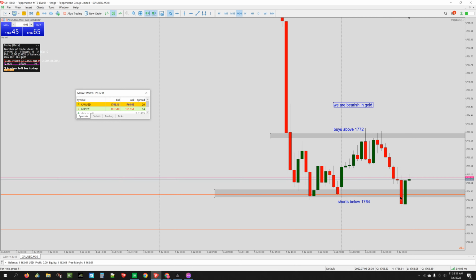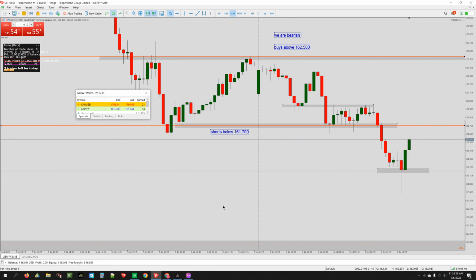However, we will execute once our pattern appears. I still have high hopes that we may be able to find our pattern in GBP/JPY very soon. We need to wait for 10 more minutes and I am ready for execution.